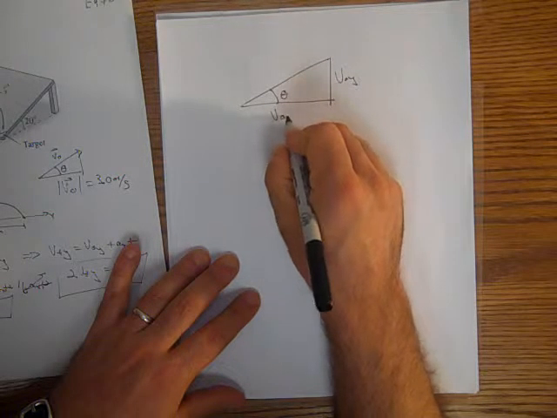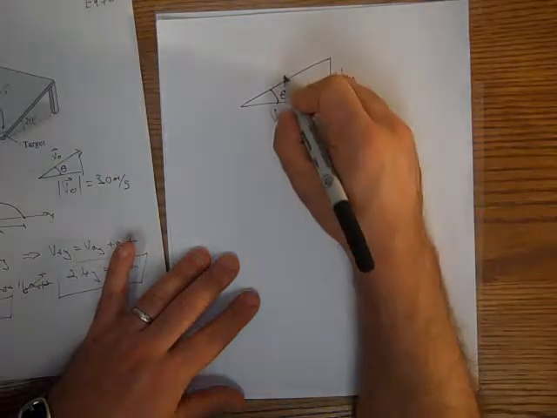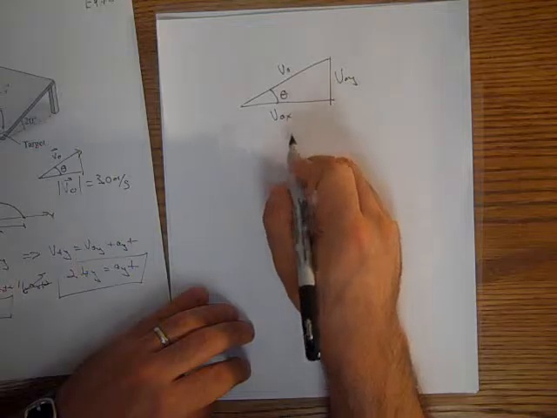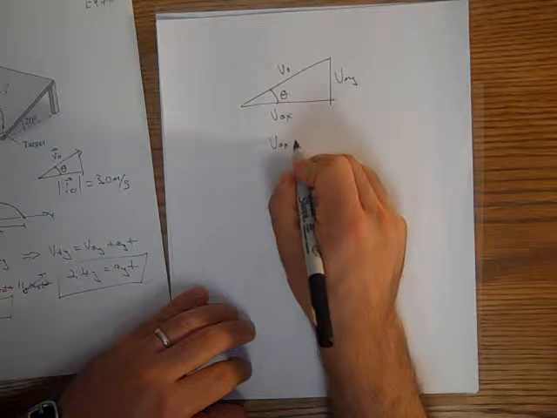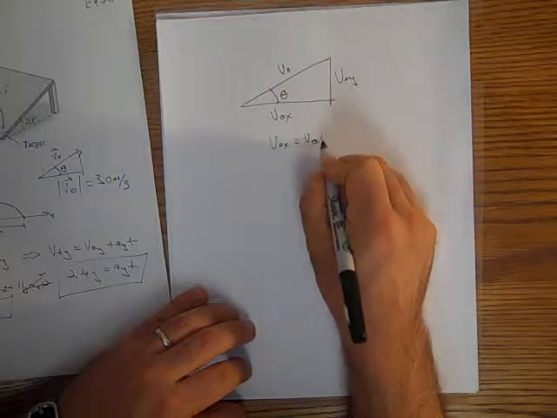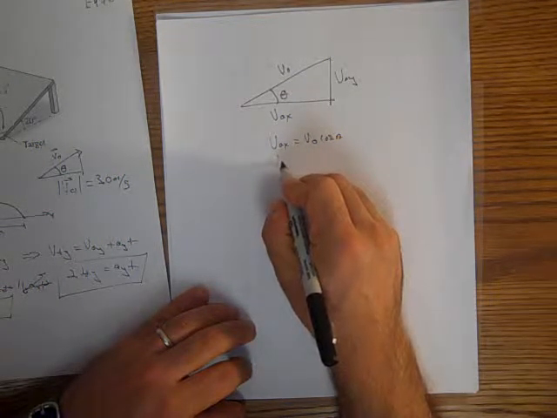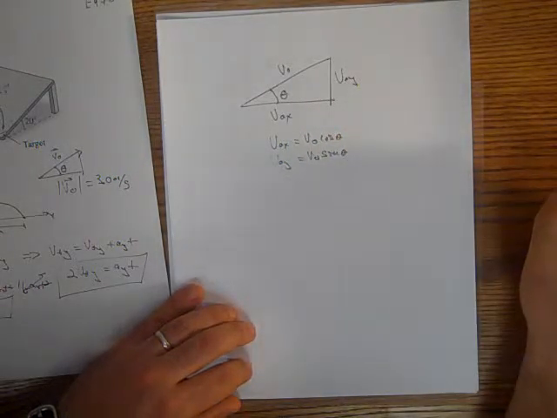I know this is V0 in the x direction. I know this is V0 in magnitude. Okay, I remember now that V0x is V0 times the cosine of theta, adjacent.